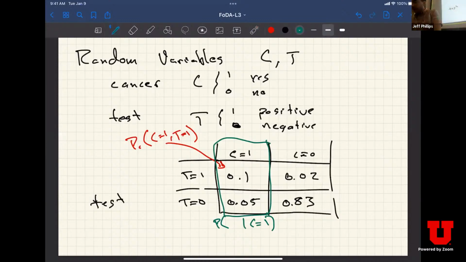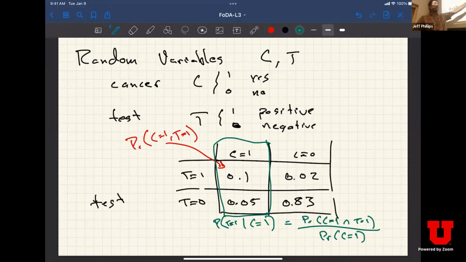So if this is that the test is 1, given that the cancer is there, it's the probability of C equals 1 and the test equals 1, conditioned on there being cancer there, right?